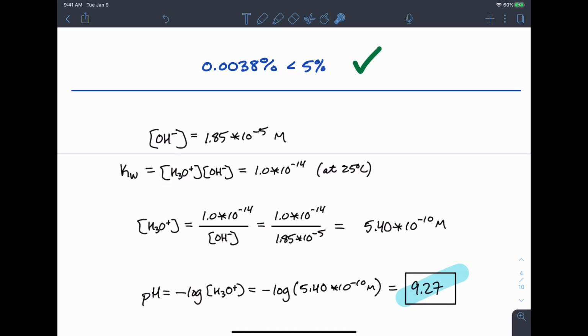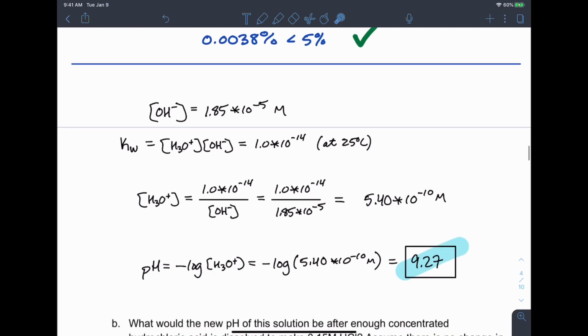So we know that Kw is the concentration of hydronium times the concentration of hydroxide, and at 25 Celsius, that is going to be equal to 1 times 10 to the minus 14. So if I rearrange this and solve for hydronium, we wind up with a hydronium concentration of 5.40 times 10 to the minus 10 molar.